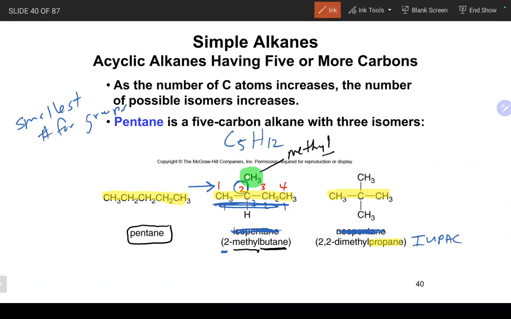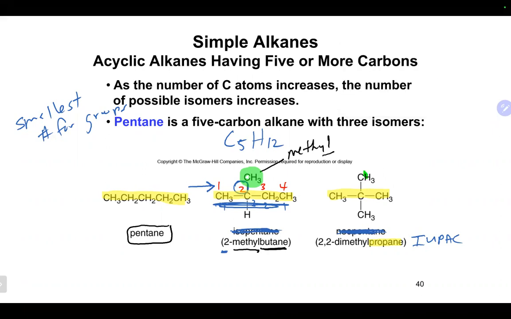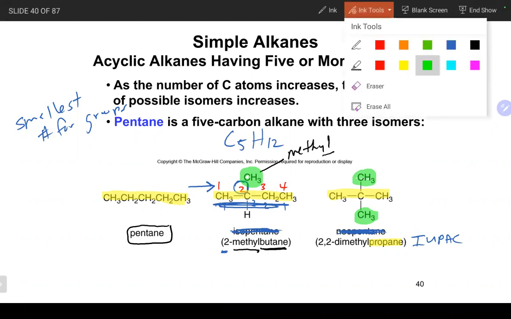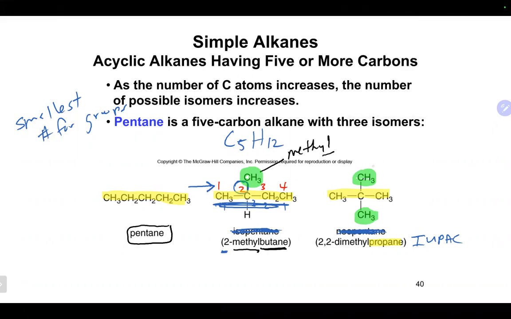When we look now, we actually got a couple of things that are not part of the main chain, and it is those 2 guys right about there. And each of those guys separately are 1 carbon groups, which means they are each a methyl group. Now, since we actually have 2 methyl groups in the same compound, we do apply a prefix, and the prefix for 2 is di.